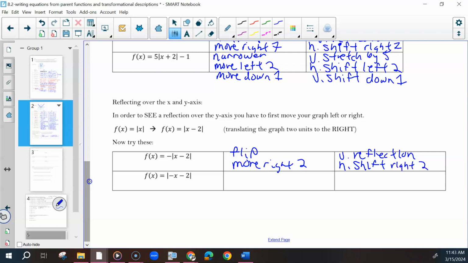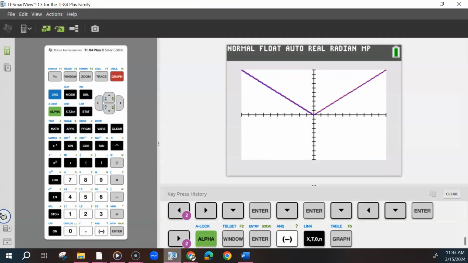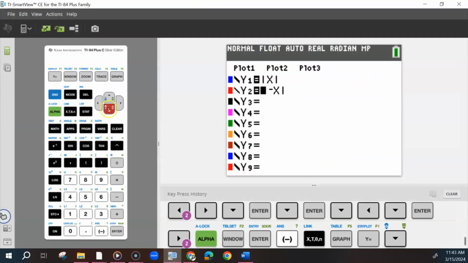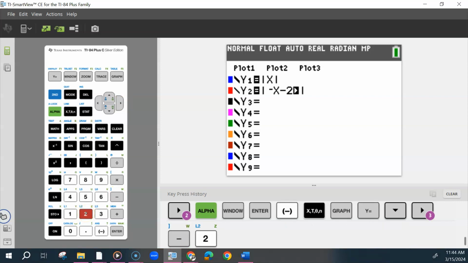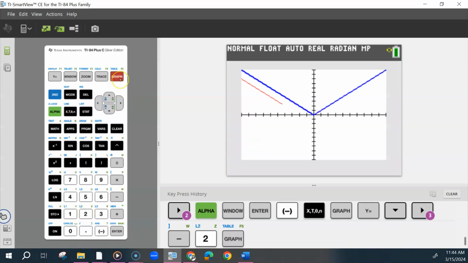I'm going to put this in with the original, and we're going to see what happens. So when I look at this, if I were to just look at this and didn't see the equation, what would you think happened?